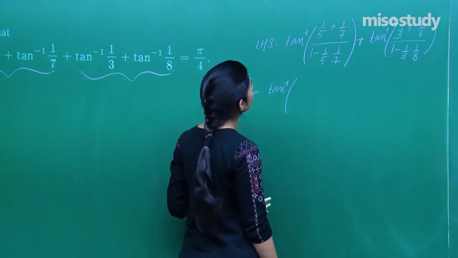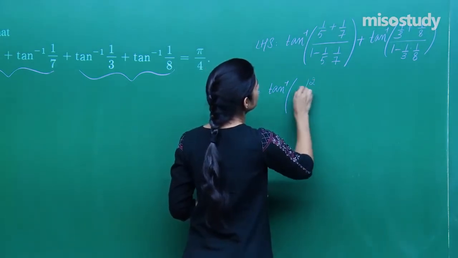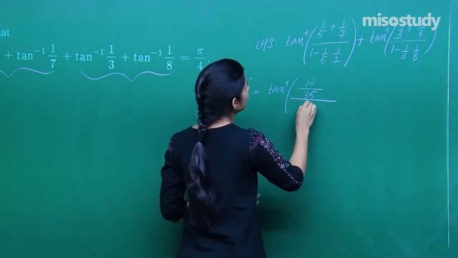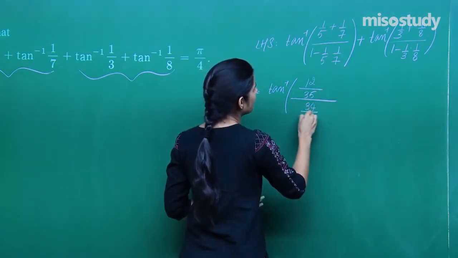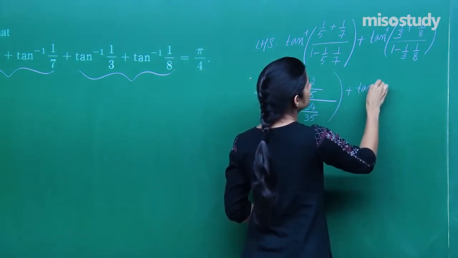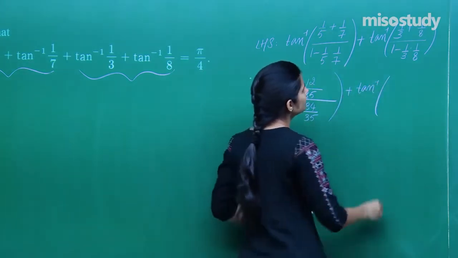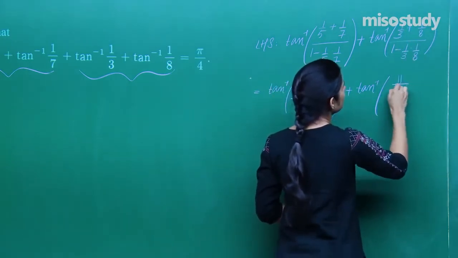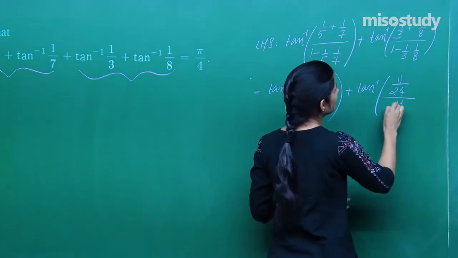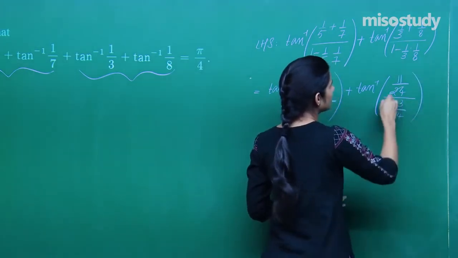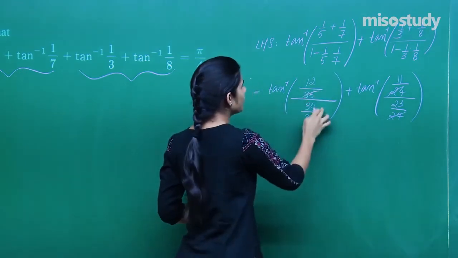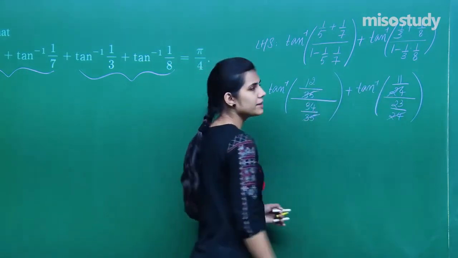You have 7 plus 5, that is 12 upon 35, whole upon 35 minus 1 is 34 upon 35, plus tan inverse. Here you have what? 24 is the LCM. This is 11 upon 24 whole upon 23 upon 24. Clearly this gets cancelled out. Now you have tan inverse of 12 by 34 plus tan inverse of 11 by 23.